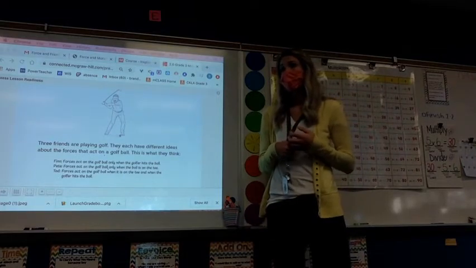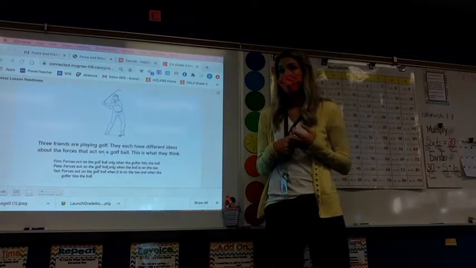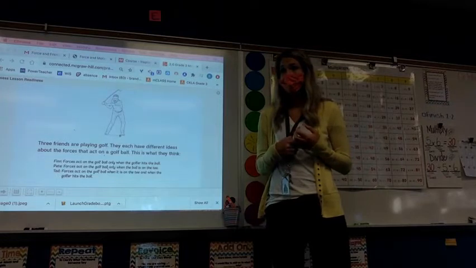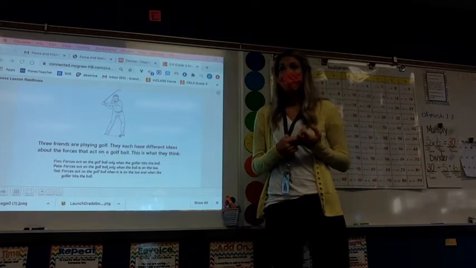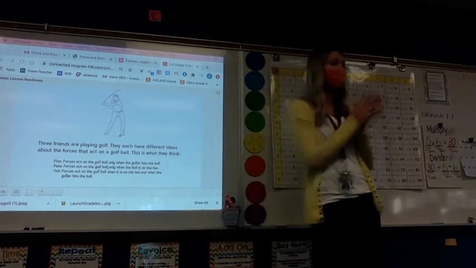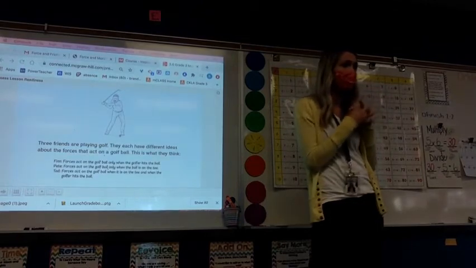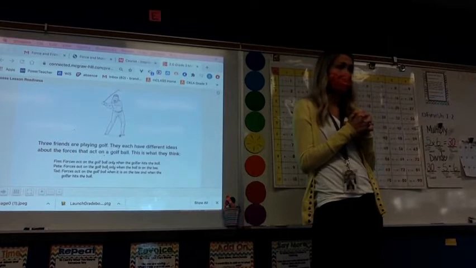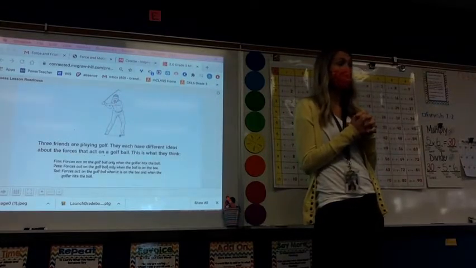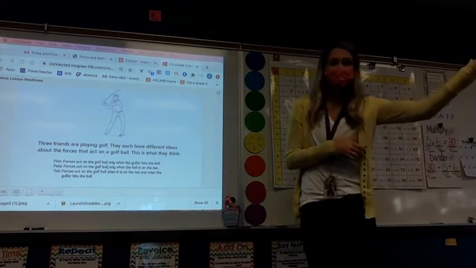When you hit it on the tee, sometimes it will go high. Okay. I have a question for you. Aiden, explain your thinking to me. My thinking is that if it's on the tee, there's still a force pushing it on. What's that force? The gravity of Earth.